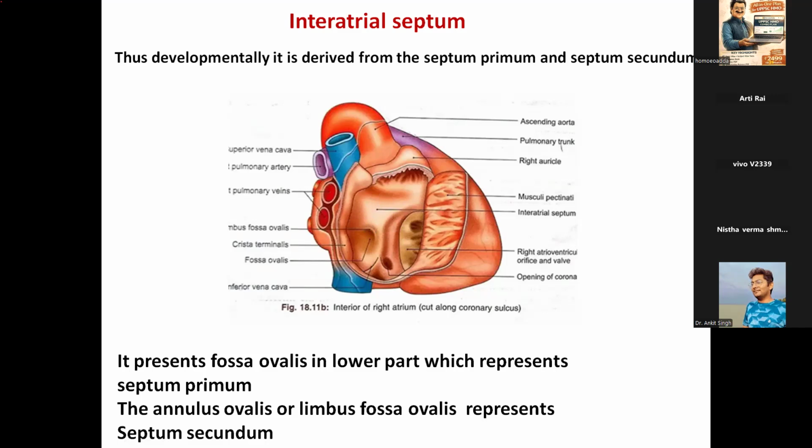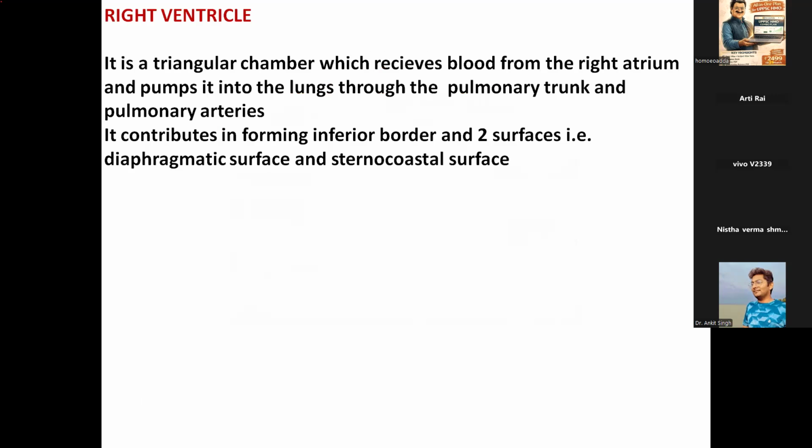So limbus is for the septum secundum, and only the fossa ovalis is for the septum primum. This is frequently asked in MCQs in competitive exams, right? So the fossa ovalis in the lower part represents the septum primum, while the annulus ovalis or the limbus fossa ovalis represents the septum secundum, right? So that is regarding the right atrium.